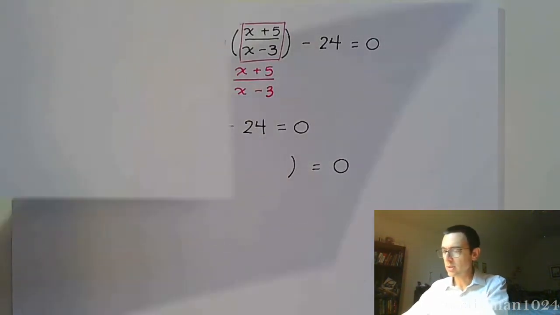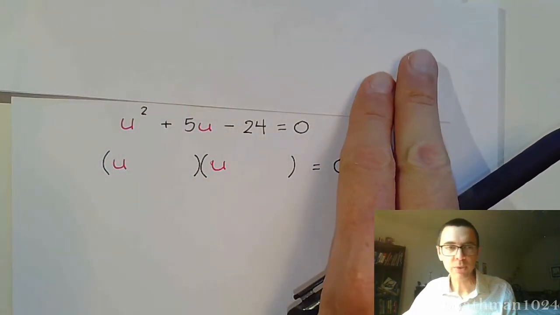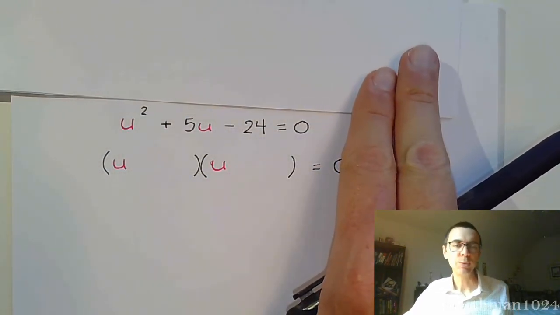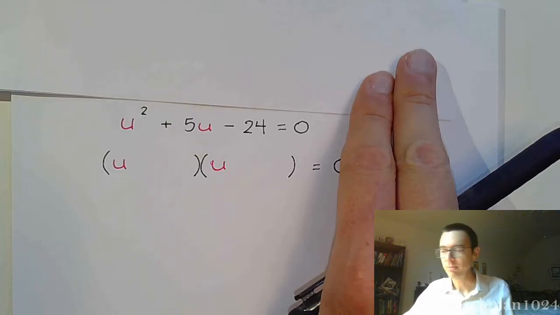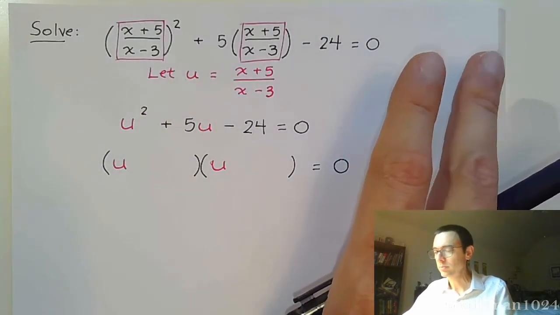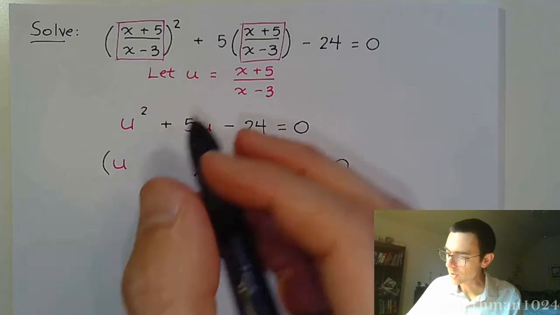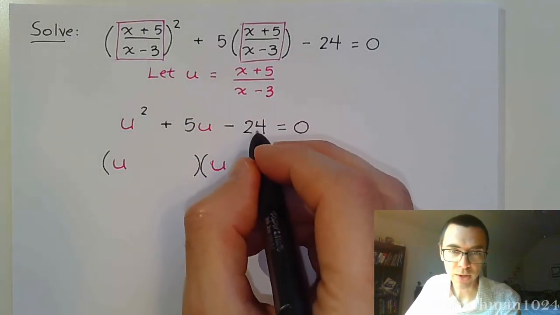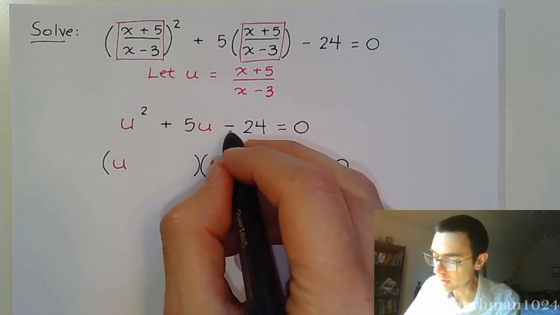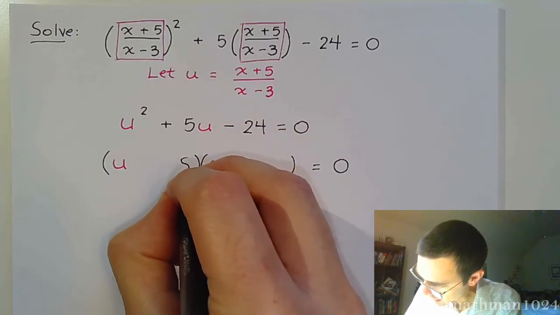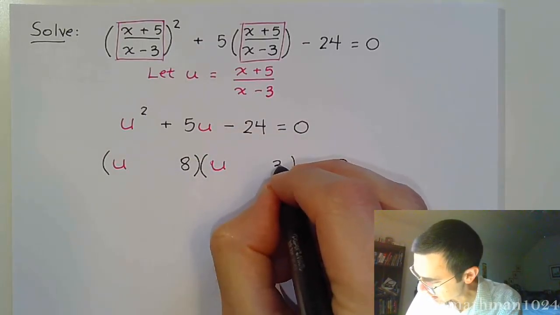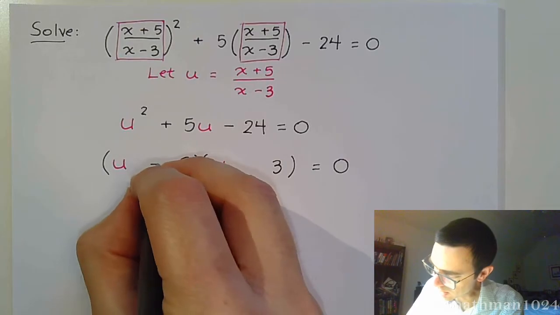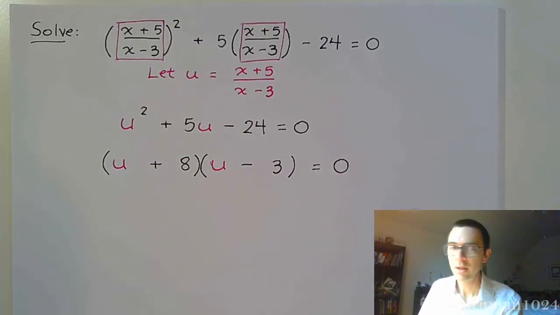What's important is that I'm seeing this as a nice trinomial to factor. That's what I can do. All right, so the way we want to break down 24, find factors of 24, the subtracted 5, it's going to be 8 and 3. So it's plus 8 and minus 3.